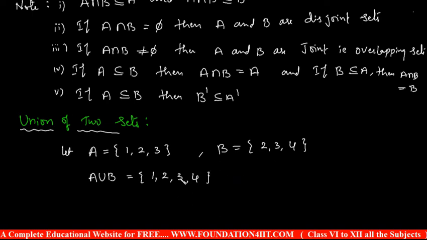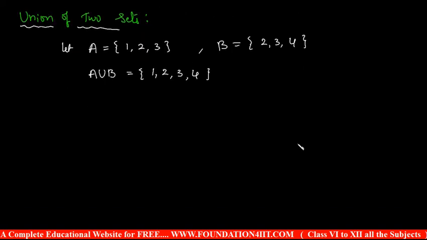We read this as A union B, or A cup B. Intersection is A cap B. For notes, you can just note this down.